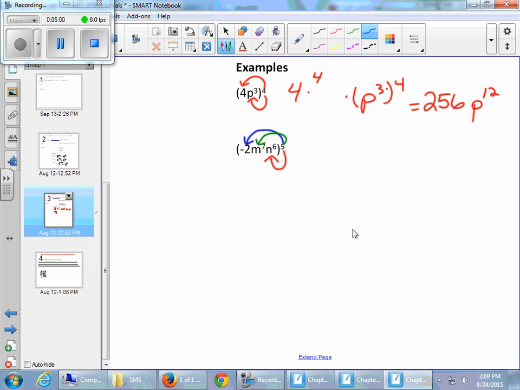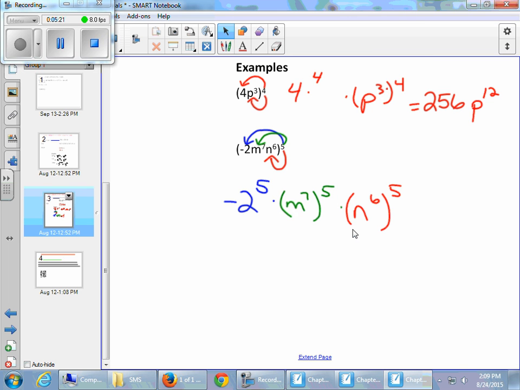So it's going to break it down like this: negative 2 to the fifth power, times m to the seventh to the fifth power, times n to the sixth to the fifth power. So now we're just going to multiply that out.